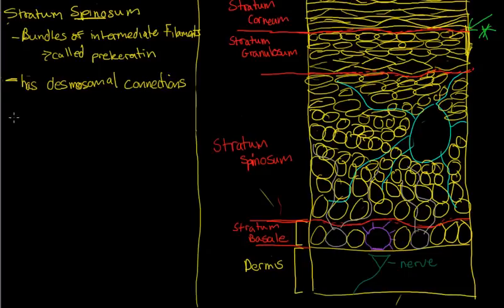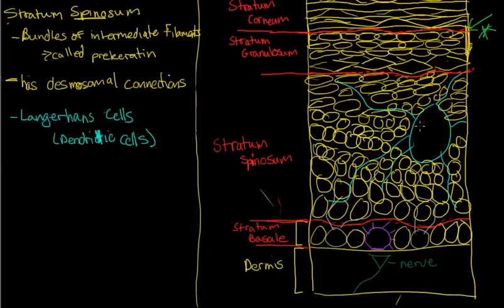And it has Langerhans cells. Langerhans with an S on the end. Your book refers to them as dendritic cells, because of the projections that come out of them. These are phagocytic immune cells.